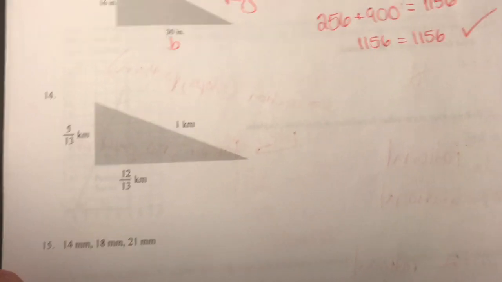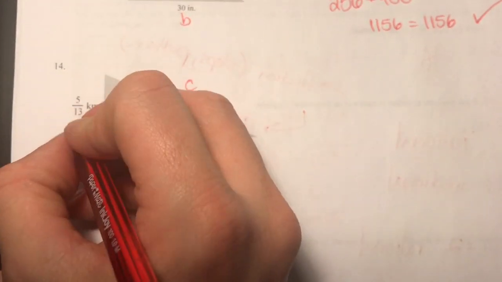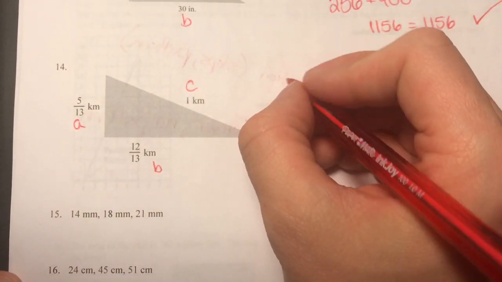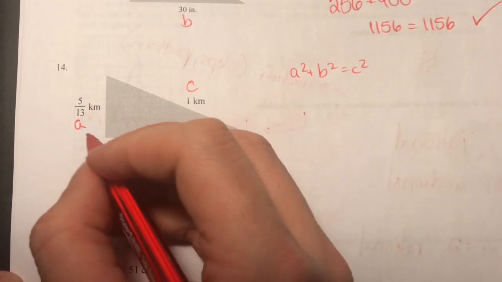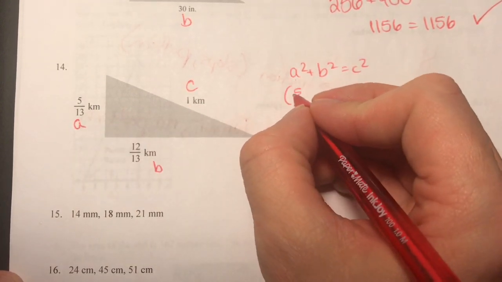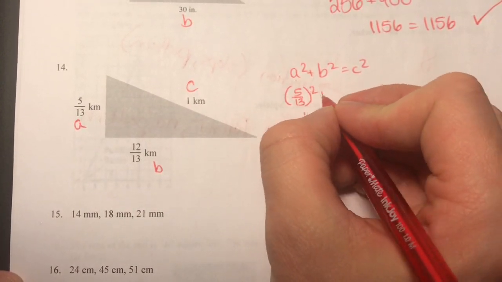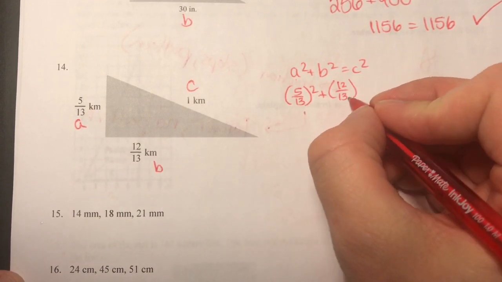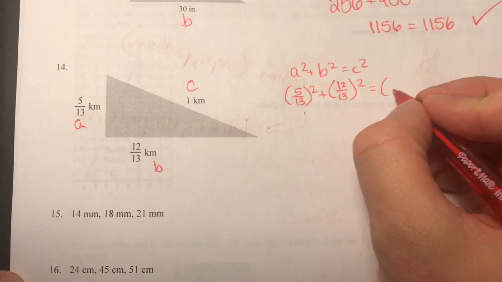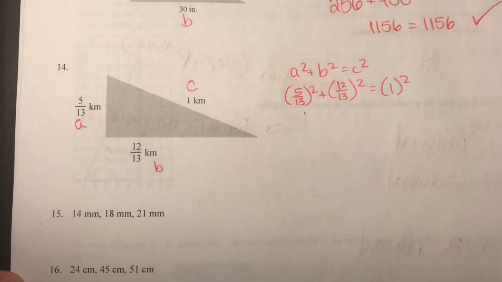Okay? All right. You must be my C, you can be my A, and you can be my B. A squared plus b squared equals c squared. You will be 5 over 13 squared plus 12 over 13 squared equals 1 squared.